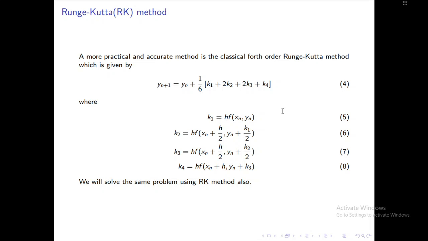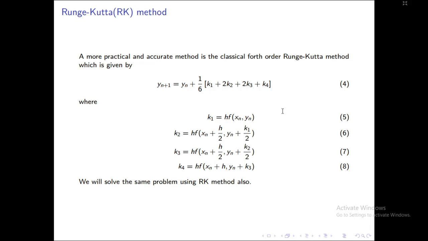And now we have the Runge-Kutta method, which is a more practical and more accurate method than Euler's method and improved Euler's method. We are here concentrating on the fourth order Runge-Kutta method, which is the most efficient of the lot. There are second order and third order Runge-Kutta methods, but this is the most efficient one, so we concentrate on it.